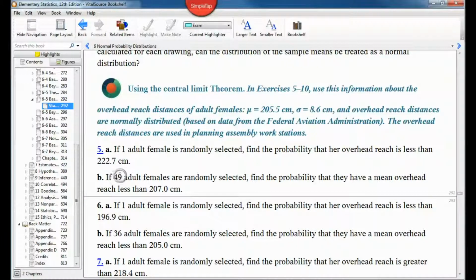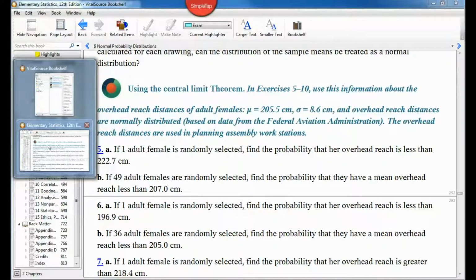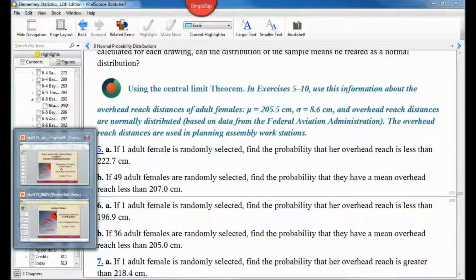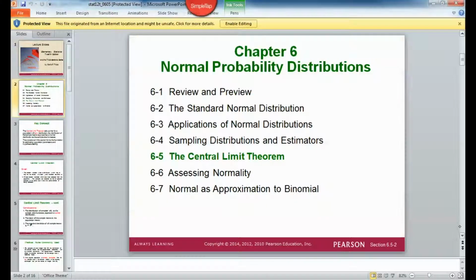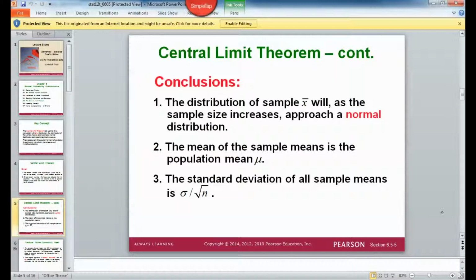If you work it out with 49 adult females, the only thing that really changes in the problem is that for our formula, instead of just a sigma when you're finding your z-score, it's sigma divided by the square root of n.